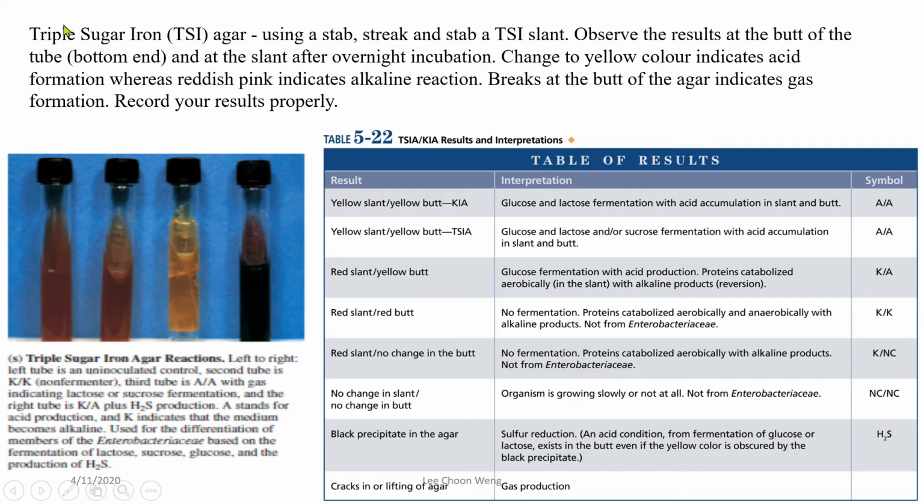You use a TSI tube, using a stab instead of a loop. You streak first and then you stab the TSI slant. That will ensure inoculation at both the butt and the slant areas.